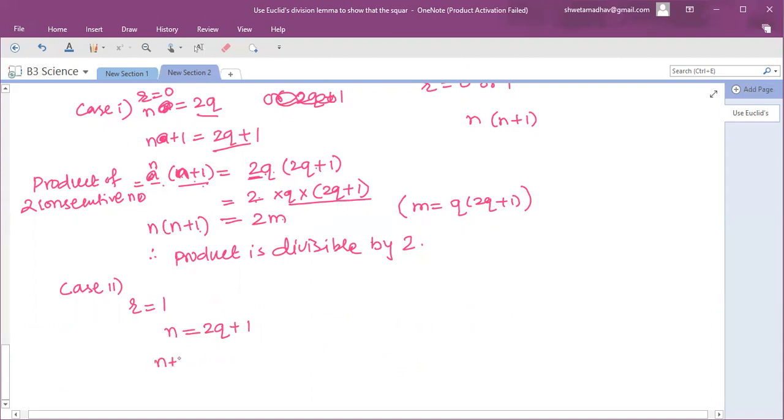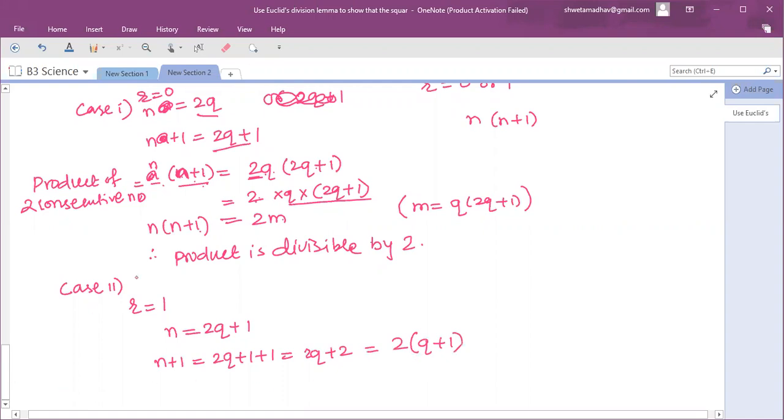And what is n plus 1? 2q plus 1 plus 1, 2q plus 2. Can we take 2 common? Yes, ma'am. 2 into bracket q plus 1.